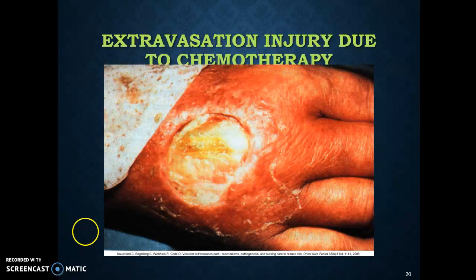examples of that. Here is a hand where someone's had an IV in and gotten a chemotherapy agent that caused infiltration. When you think about it, the chemotherapy is going to kill good cells and bad cells, so if it's not in a vein and it's in the tissue, this is the kind of result you would have. You can imagine this can be very difficult to heal.